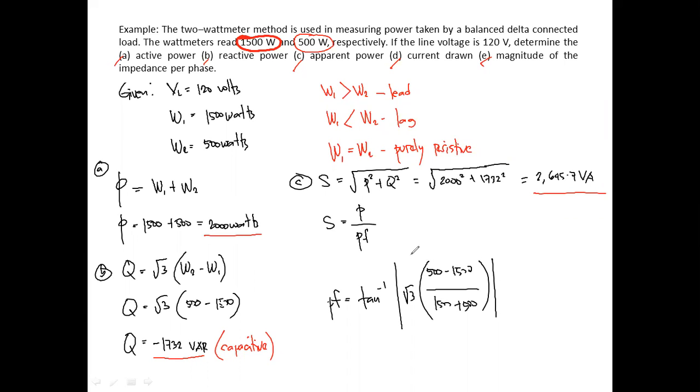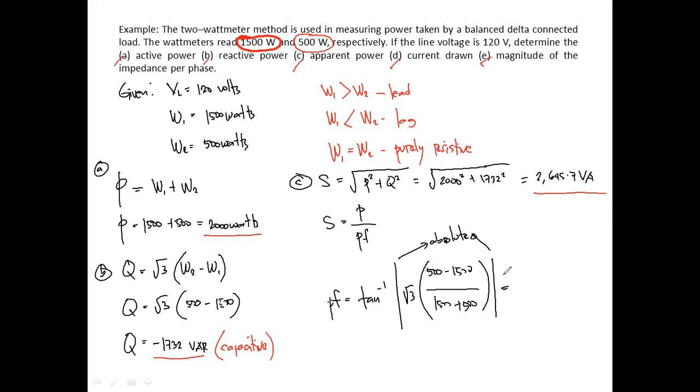This means absolute, so you ignore the negative part of the answer.